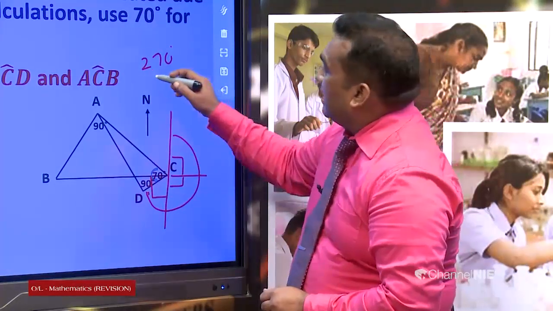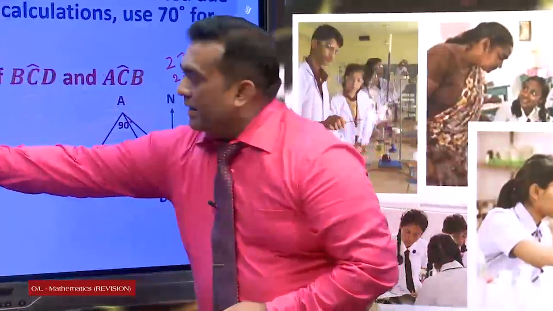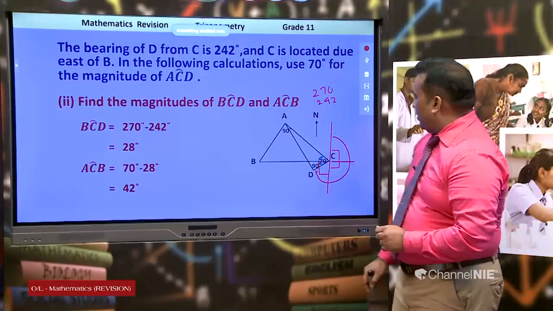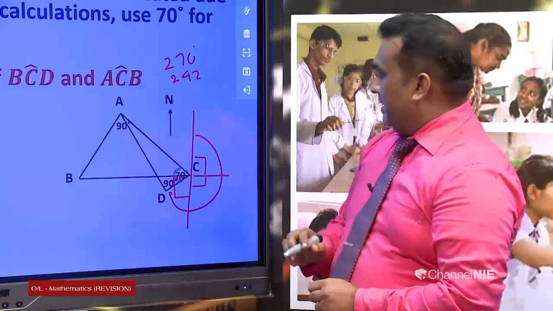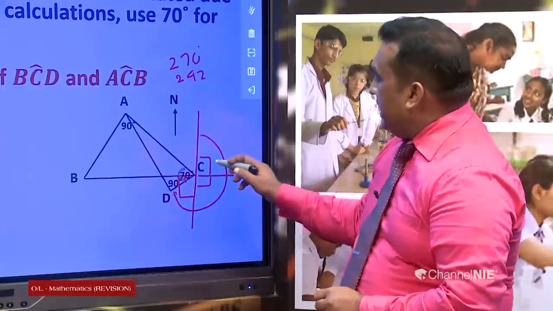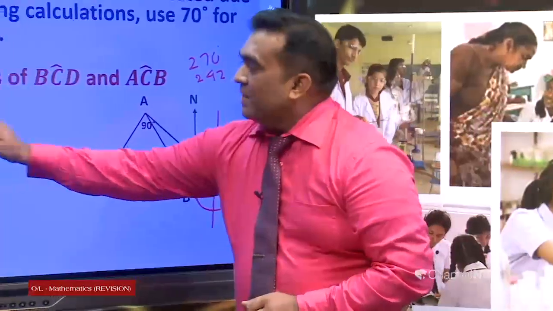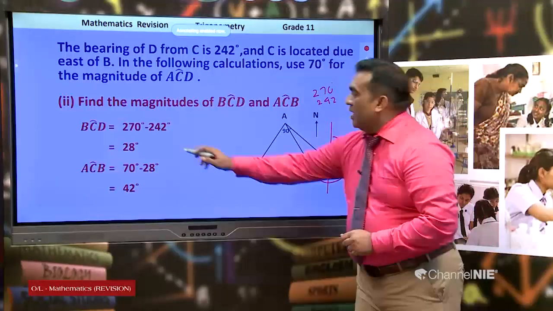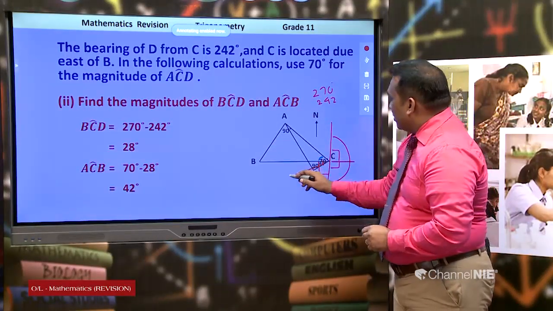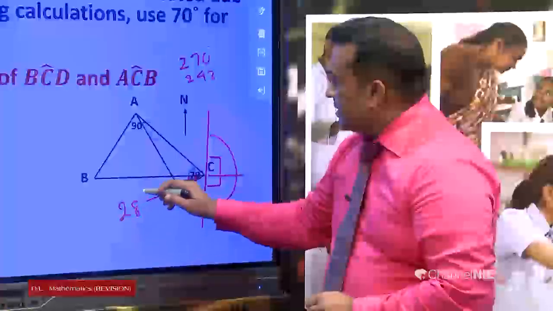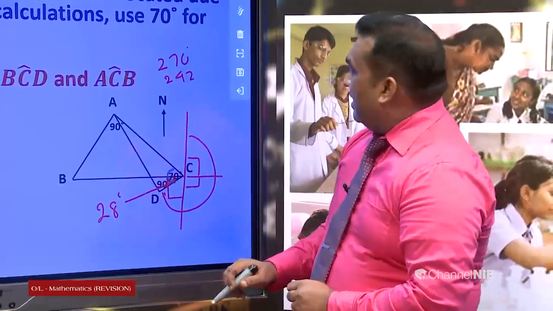That is 242. 270 minus 242. Now you want to find out this small angle BCD, this small one. How to get it? 270 minus 242, that is 28. Therefore, this angle is 28 degrees. Taking the difference of two angles, right?